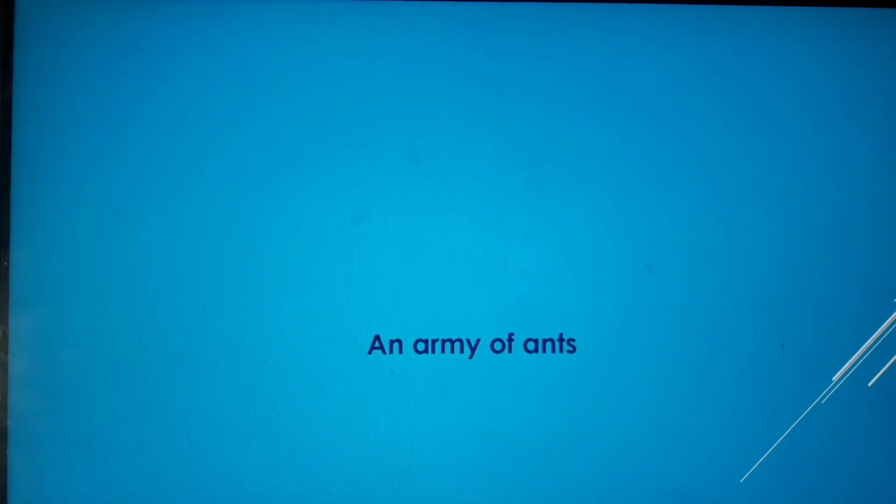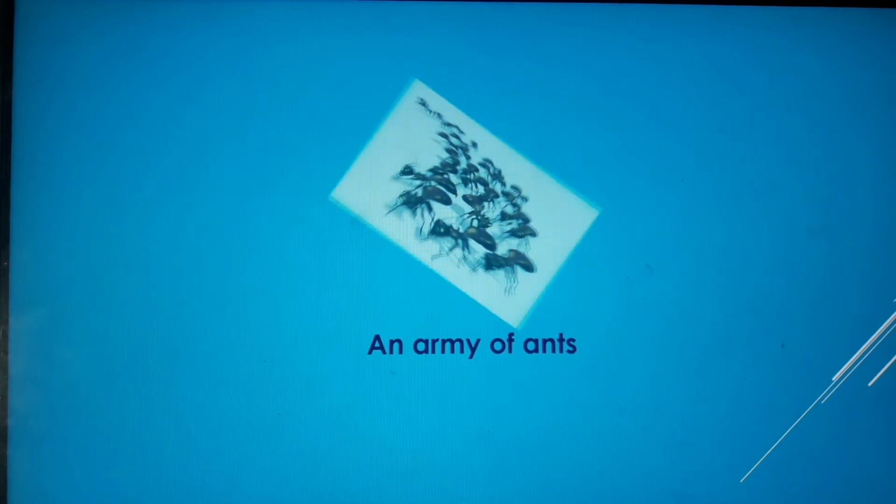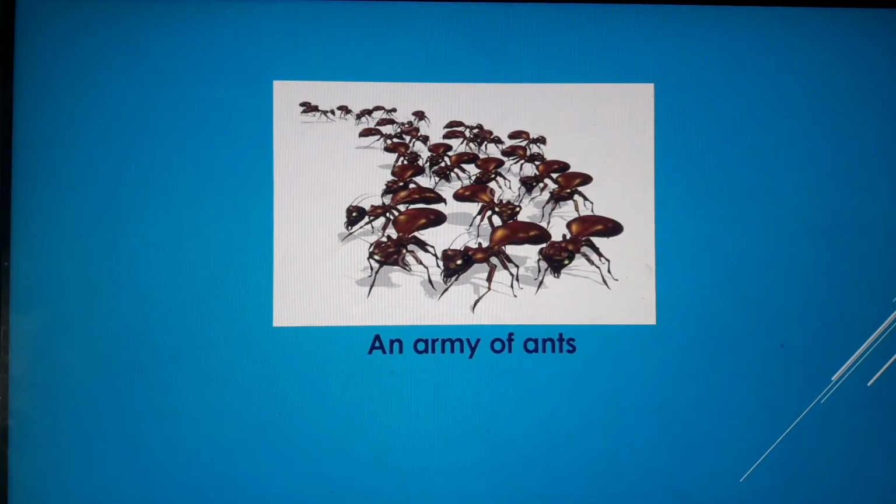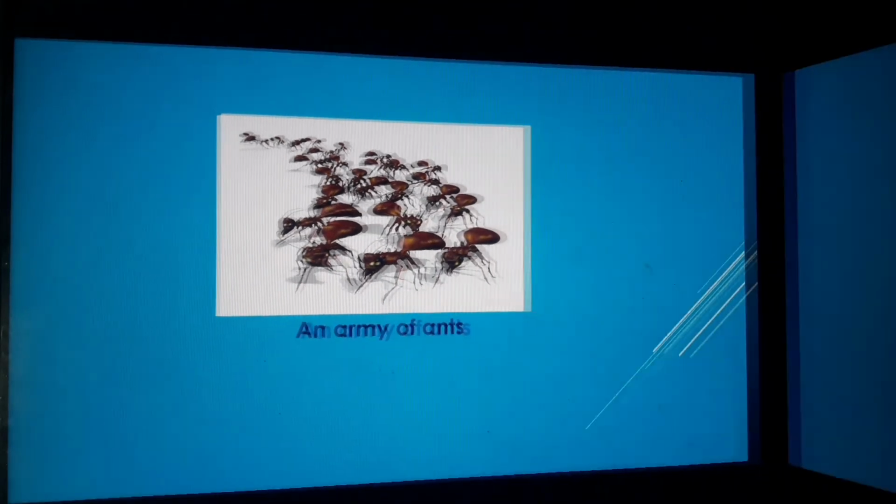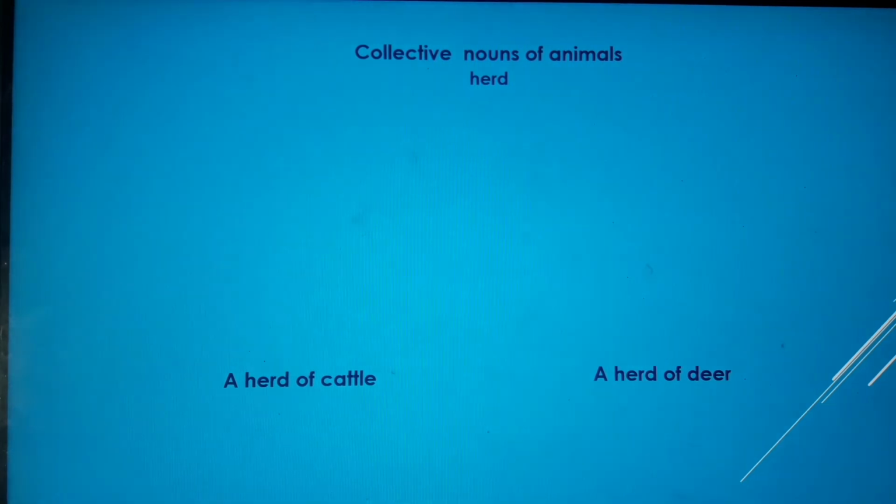Here an army of ants. When you see a lot of ants together, we'll say an army of ants. Here you can see the picture. Next, collective nouns of animals. Earlier also we learned, but here general collective nouns are given. First is herd.